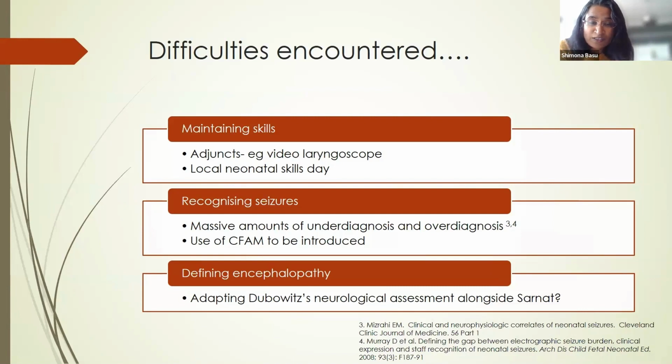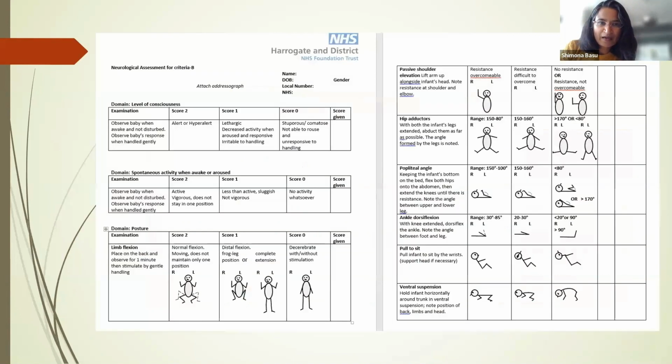And one of our doctors has suggested adapting the SARNAT criteria by adding in the Dubowitz neurological assessment, just to make it a little bit easier for our staff to do these neurological assessments. And I've just got a little screenshot of what that may look like, just to give people a better idea of how we can do these neurological assessments going forward.